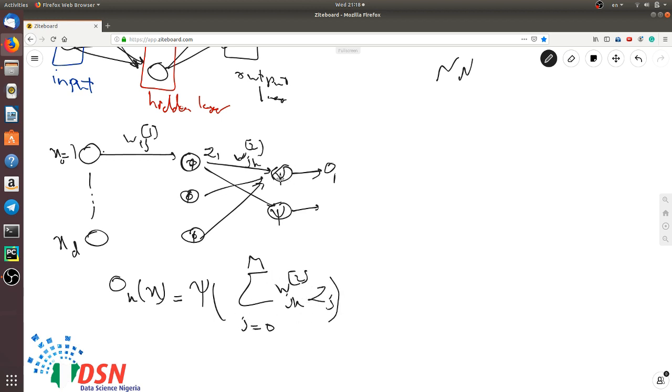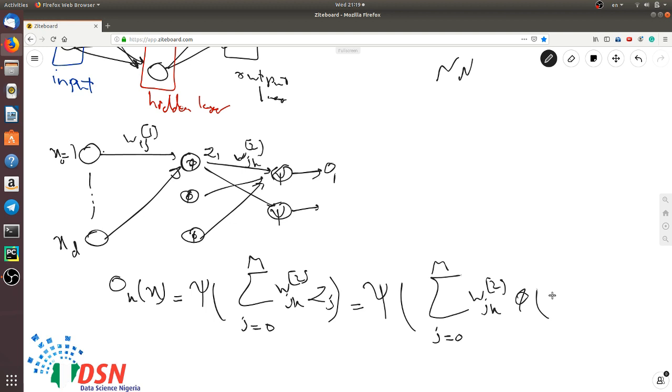These are the inputs of this neuron. And we could again expand this Z_j based on the previous layer inputs. So we have the sum again, W_jk of layer 2. Instead of Z_j, we could replace that with phi of some of these inputs.